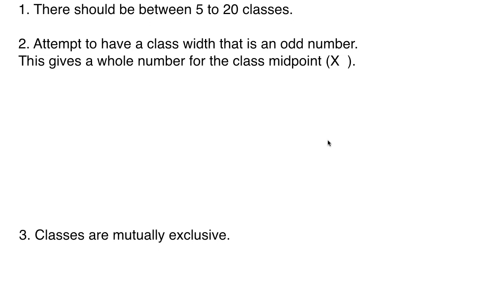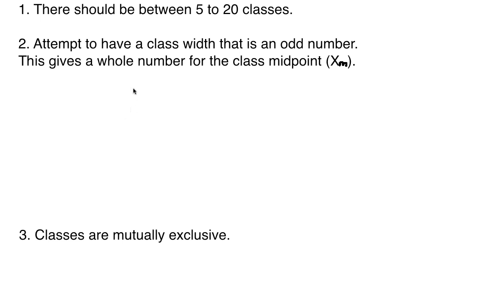We're going to start talking about that here in a minute. So number 2, you want to attempt to have a class width that is going to be an odd number. So this will give a whole number for the class midpoint. And usually the class midpoint is represented by X, and then you're going to have a little sub M down here, so it'll have an M as a subscript.